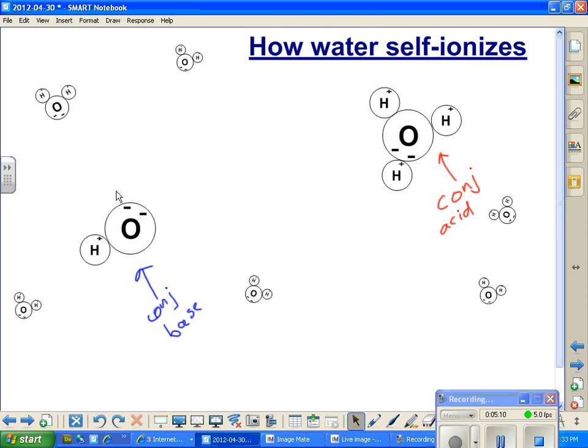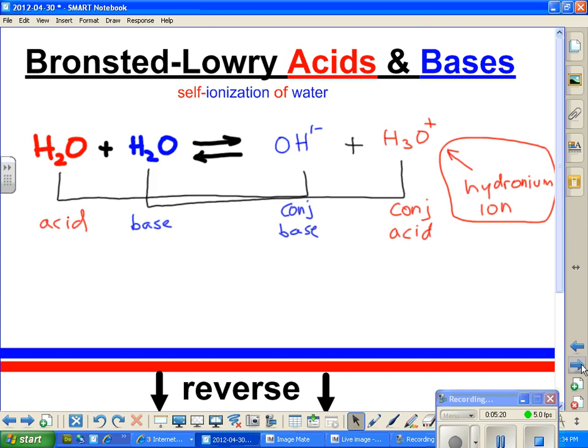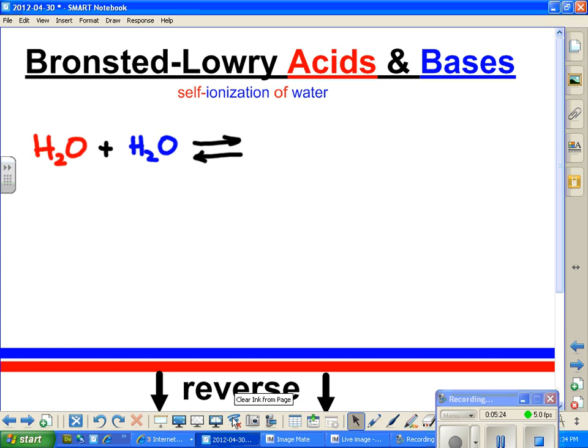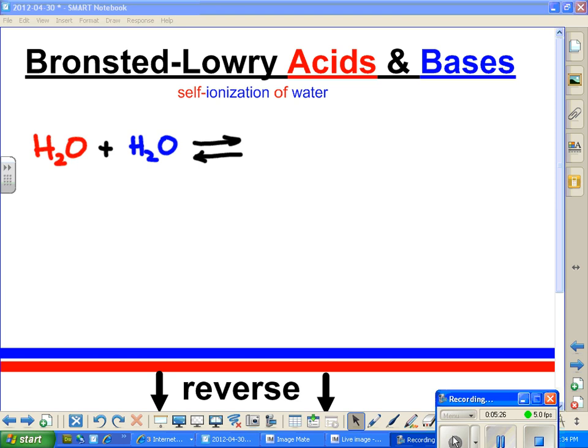And now we're going to see the same thing in an actual Bronsted-Lowry representation of how an equation works. Here we go. Let's get rid of these guys so we can take them as we go. And we're starting out with two water molecules. And you say, hey, what is this? Two water molecules react with each other? Yes, they do, all the time.